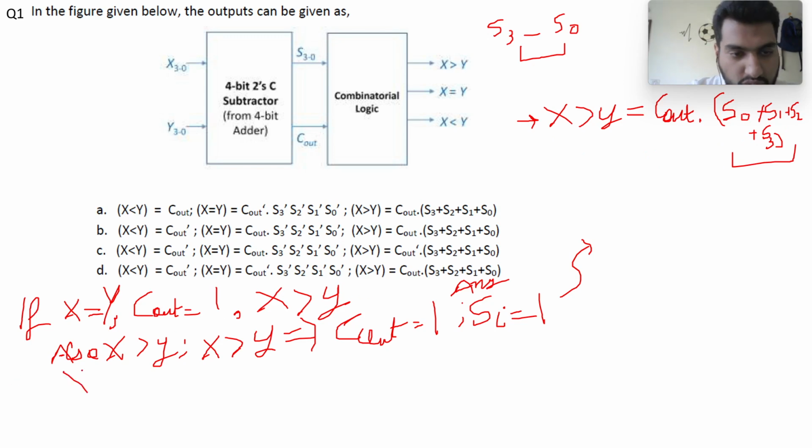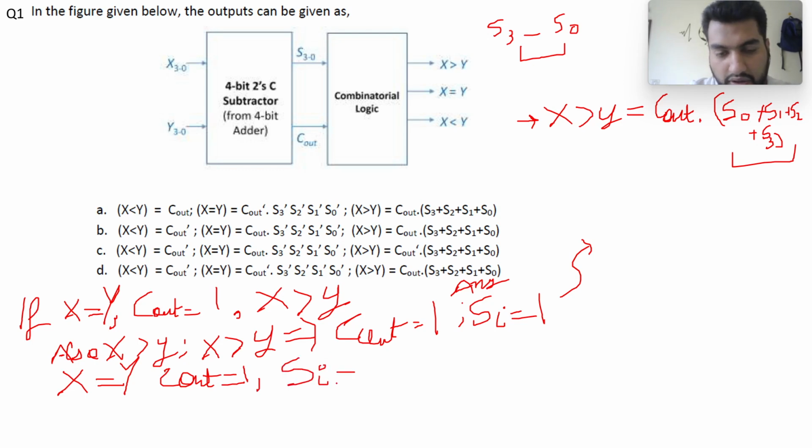Now for x equal to y, we have a condition: C out is equal to 1 and Si should be equal to 0. All the bits from S3 to S0 should be 0.